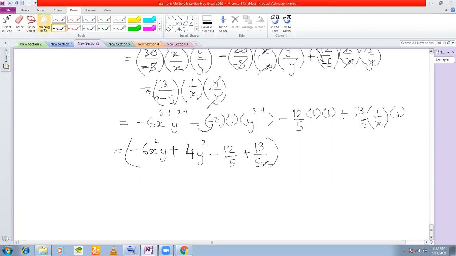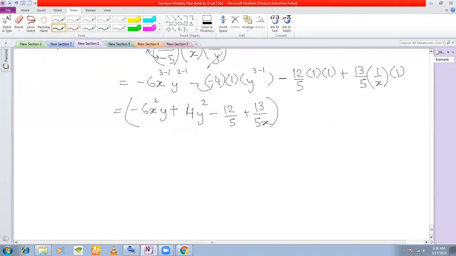A better way of expressing this is, normally in algebra, you don't keep the first term, the leading term, as a minus sign. So normally a better way of writing is you take the minus sign common. This minus sign, you take it out. You insert this bracket here. That is, you are taking this minus sign outside the bracket. And when you take a minus sign outside the bracket, you know all these signs will change. So from minus 6x square y, this will become plus 6x square y.